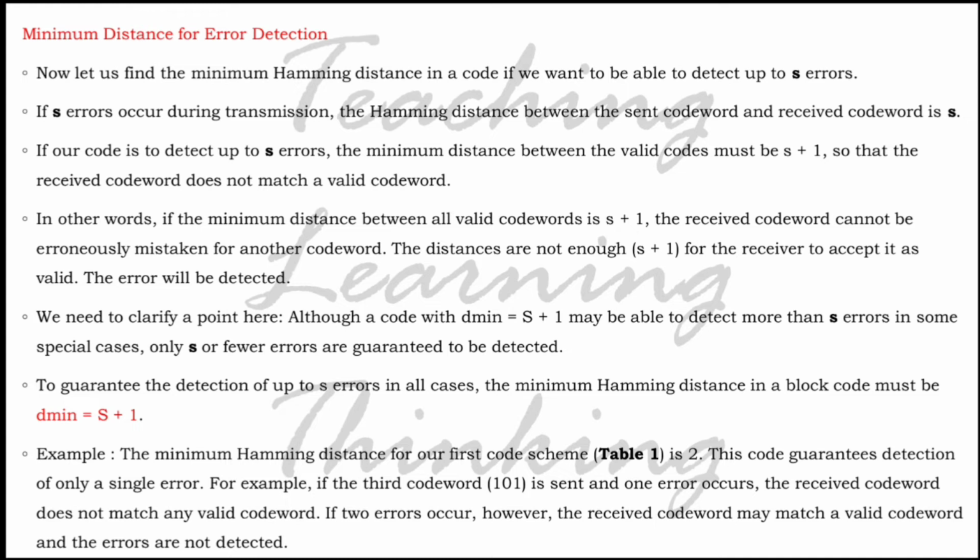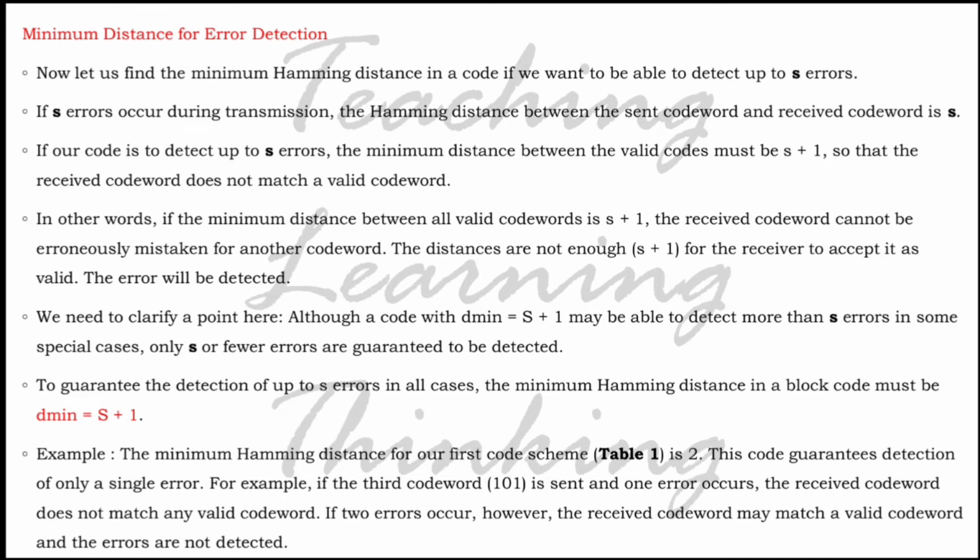If S errors occur during transmission, the Hamming distance between the sent code word and the received code word is S. So if our code is to detect up to S errors, the minimum distance between the valid codes must be S plus 1, so that the received code word does not match a valid code word.